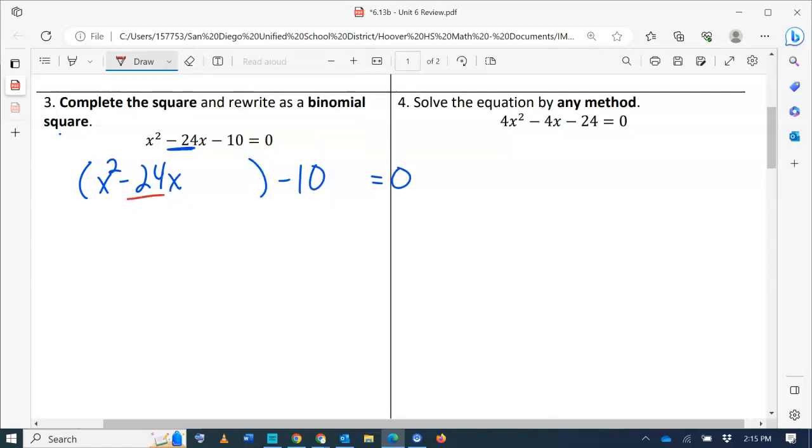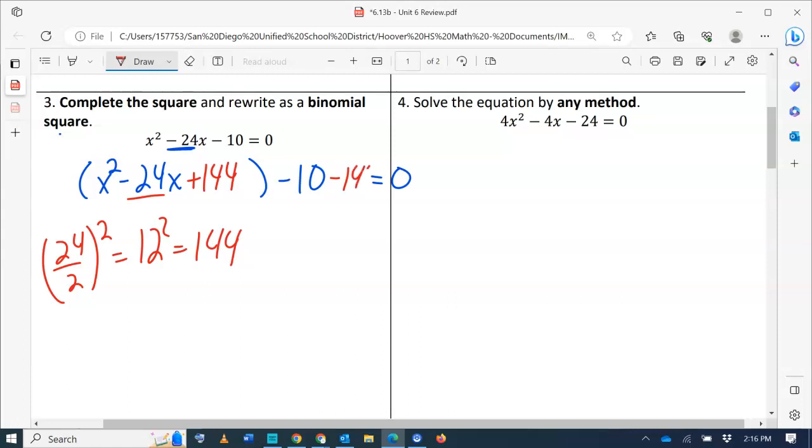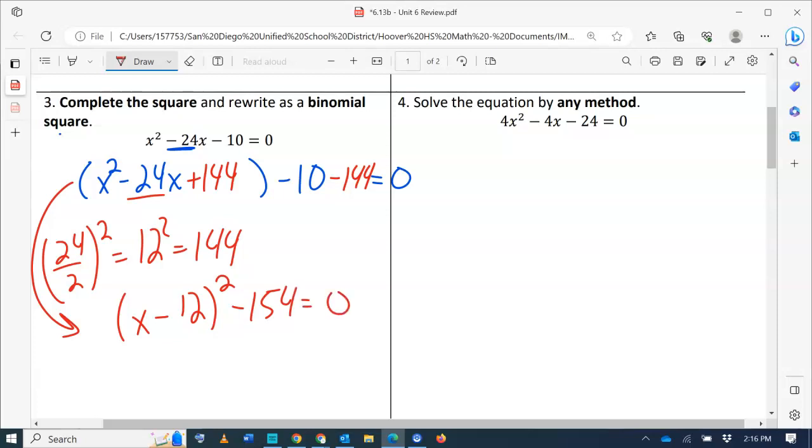Take our 24, cut it in half and square it. 24 in half is 12 squared, which is 144. So plus 144. And minus 144. We're going to jump down here. X minus 12 squared. And that's minus 154. And we're done there.